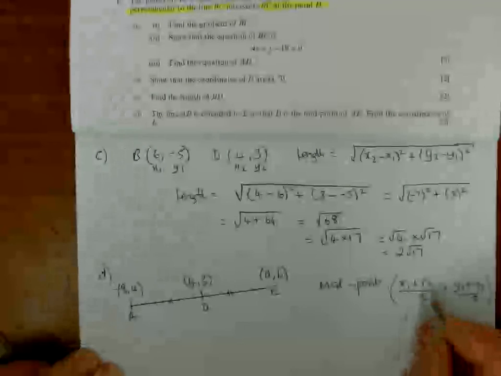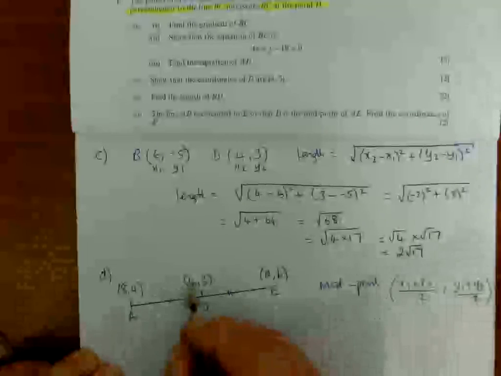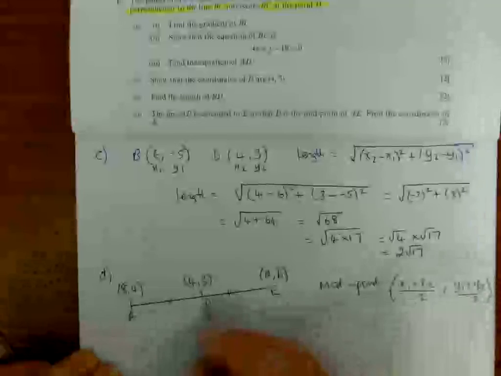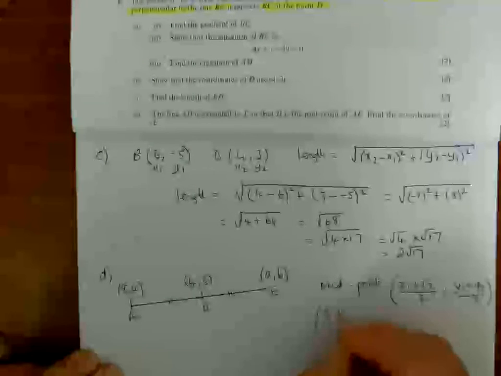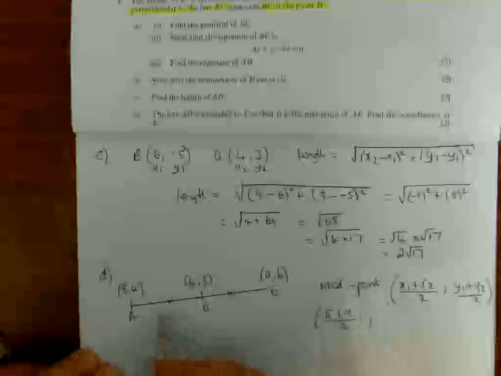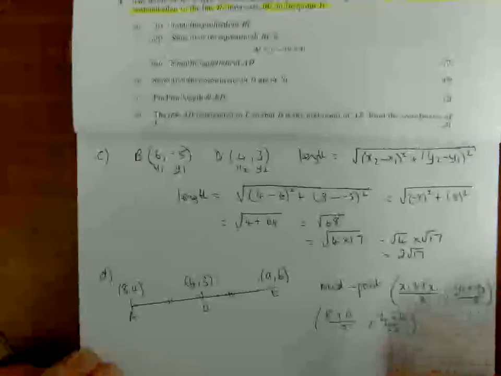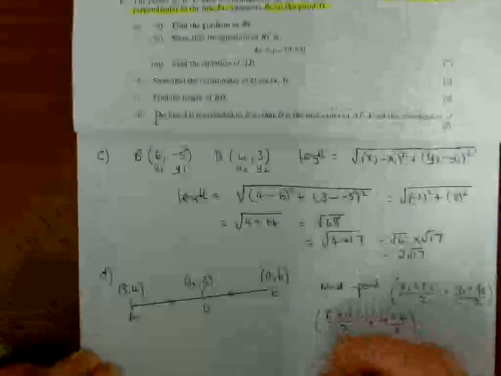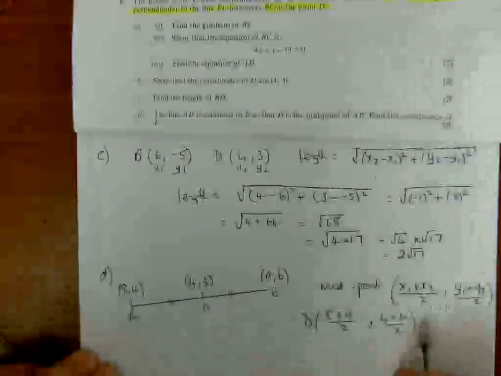Taking it for AE then, take the x coordinates, so that'll be 8 plus A all over 2, and 4 plus B all over 2. So that's the midpoint of AE. Right, so that's point D. But I know that D is at 4, 3.